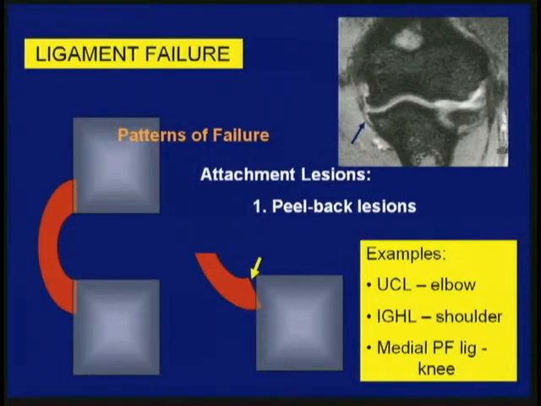We see this with regard to the medial patellofemoral ligament, and many will be talking about that, as well as the anterior bundle of the inferior glenohumeral ligament, which I will be talking about later in this course.